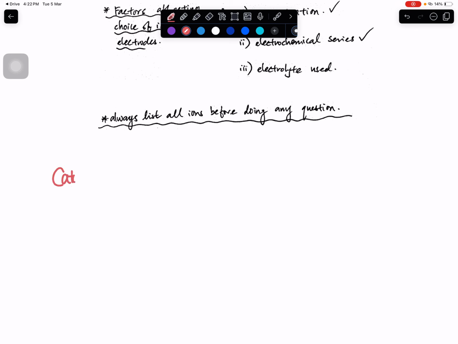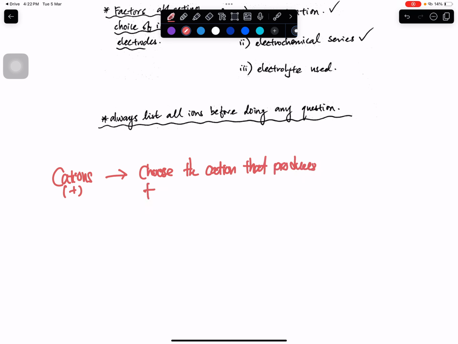So when it comes to cations, which are your positive ions, what you need to do is choose the cation that produces the most stable product.